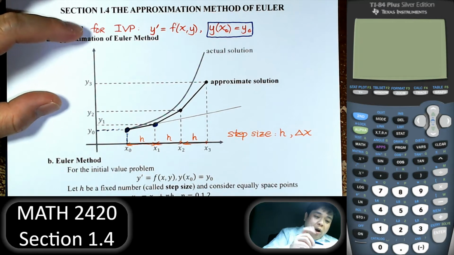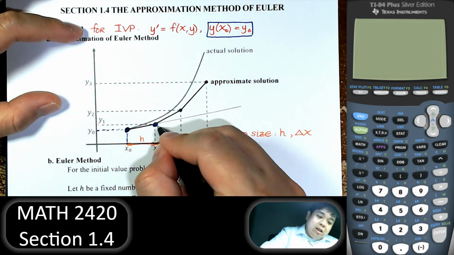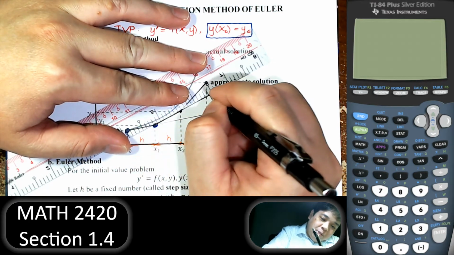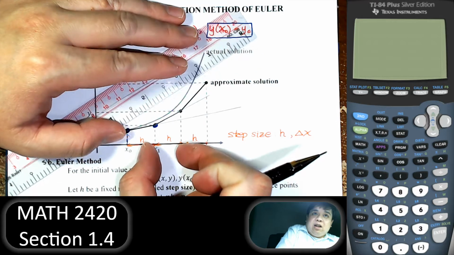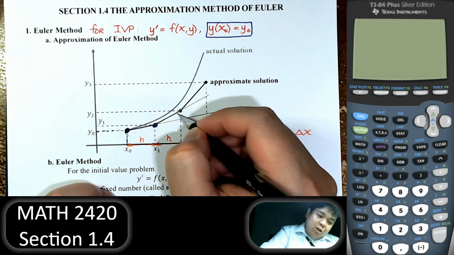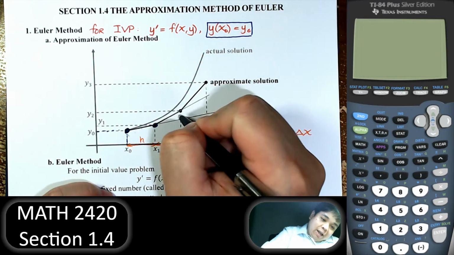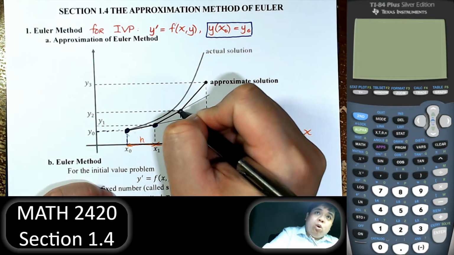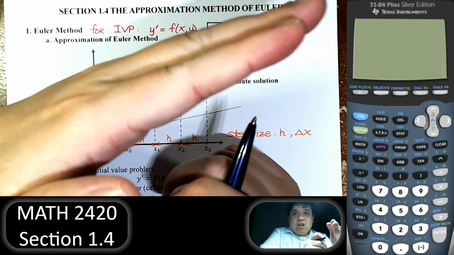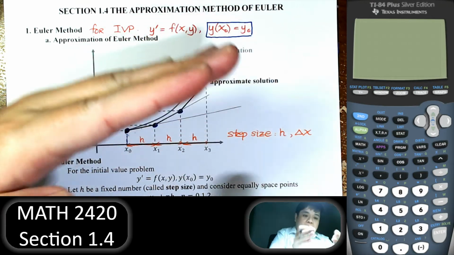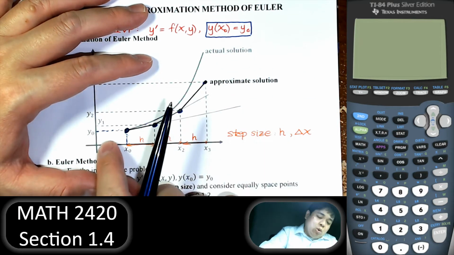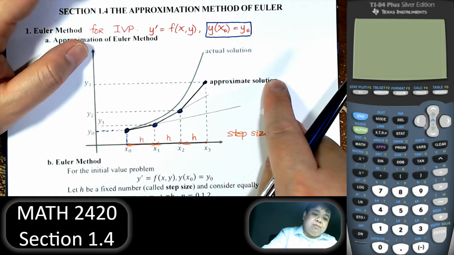With x1, y1, we calculate the slope, again take the step size in the x values, and stop there. At every new point we calculate the slope to get the direction, and then chop it up with the same increment of x. And so we have the approximation of the solution.